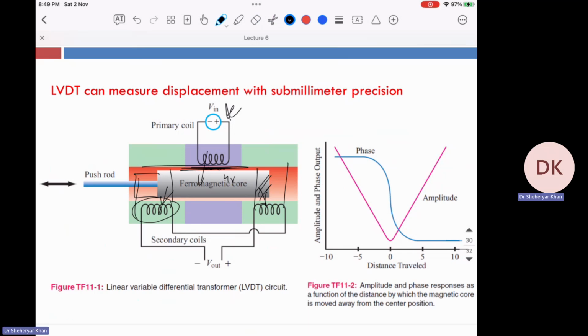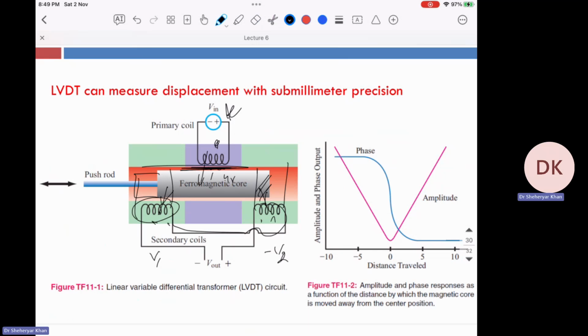Now, remember, this is like a transformer, right? So this is the primary, this is the secondary. There are two secondary coils, but the connection of the secondary is reversed. You see, the direction is reverse. That means that if V1 is here, minus V1, or minus V2, is here.